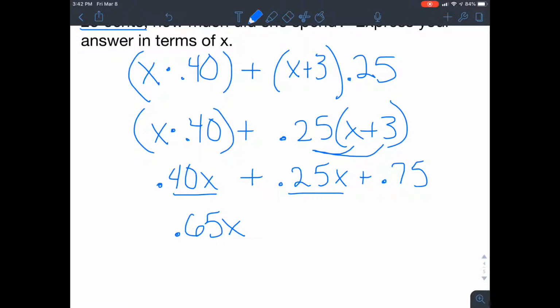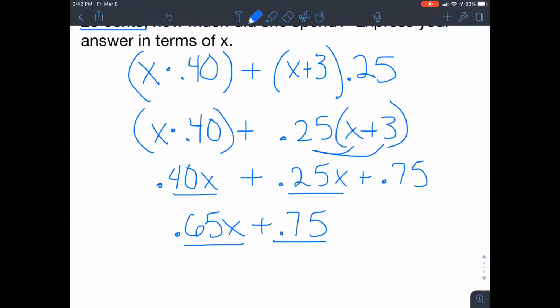And then plus 0.75. Now, you might be thinking, maybe I could simplify that some more. 0.65 plus 0.75. But stop, you don't know what x is. You don't know what we're multiplying that 0.65 by. So it has to stay by itself. It cannot be combined with 0.75 because 0.75 does not have an x on it.